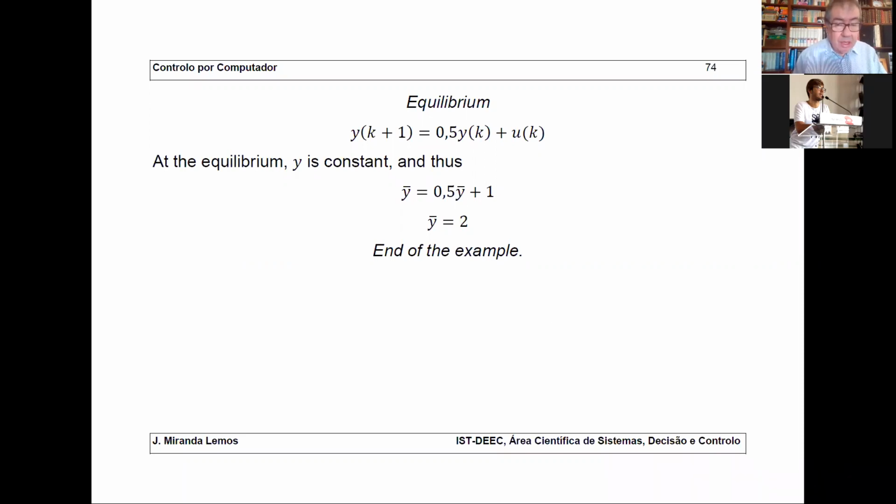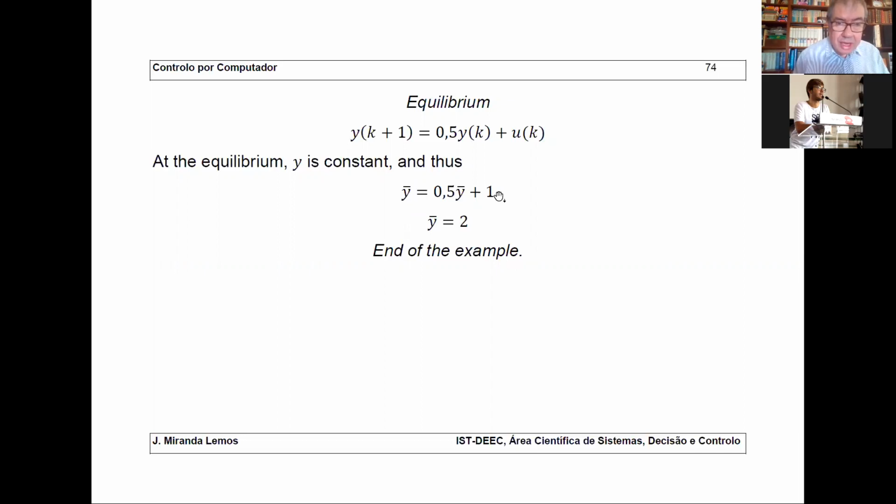It's very simple. You just force that all the values of y are equal to that constant value y bar. So this becomes y bar, y k plus 1, I assume it's y bar, y k is y bar. So I get an algebraic equation in y bar that I can solve. In this case, it was 2, but it can be anything else.